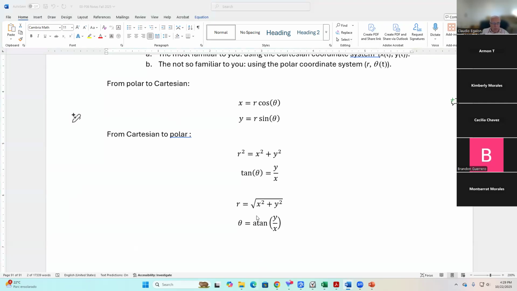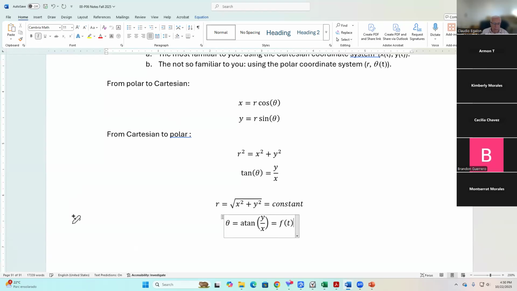For this specific case, this r is going to be constant, whereas this theta is going to be a function of time, just like the x and the y.